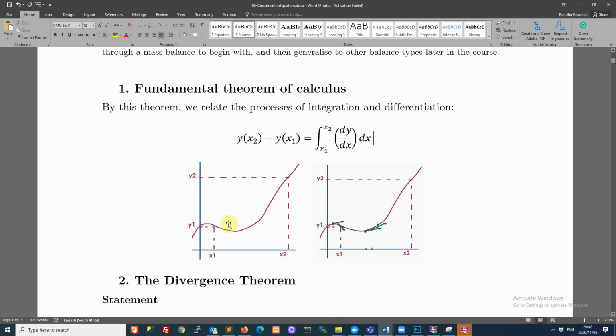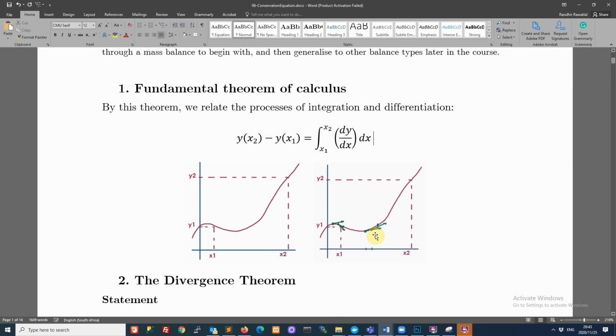The difference there may be estimated by adding up the differences across all the values in the space between x1 and x2. So it's saying there does exist a difference between the values of the function, but that can also be estimated by adding up the gradients, integrating across the gradients across the space.